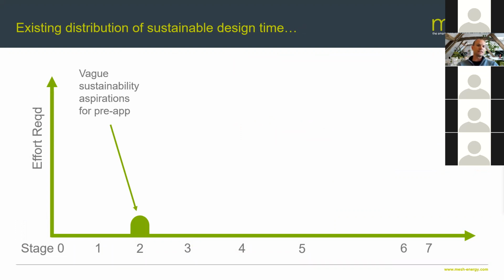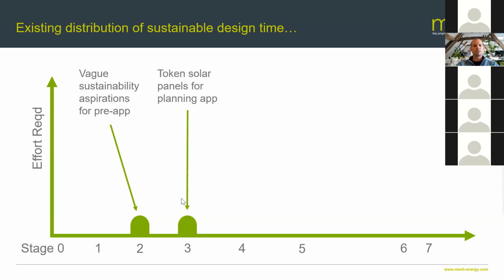There may be some vague sustainability aspirations for pre-app, where the local council may have asked for a 10% voluntary reduction in carbon, and you may slap a few solar panels on the project, but there's not really a lot of thought that's gone into it.